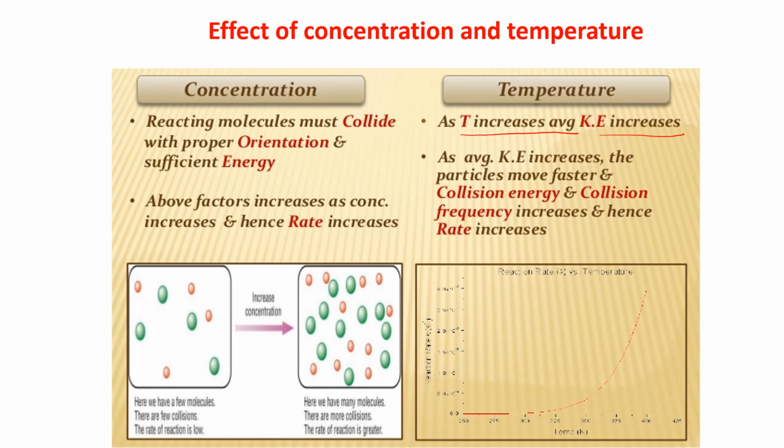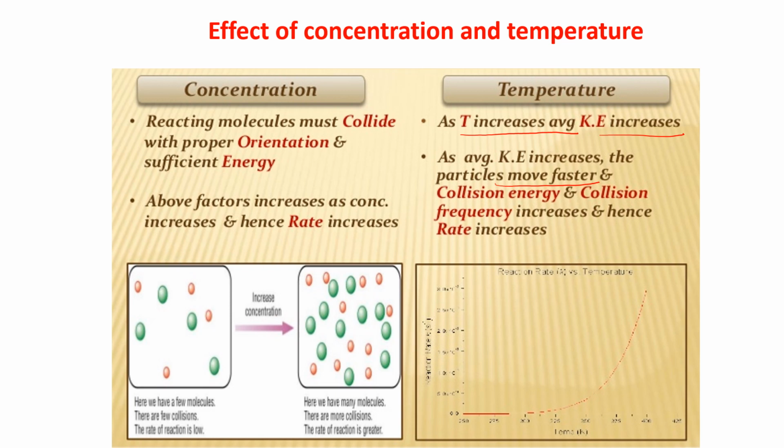If the kinetic energy increases, the particles move faster, and the collision energy and the collision frequency will also increase, and hence the rate increases. So concentration should be there, and along with that, if you increase the temperature, the collisions will be more, and then your product will also be more. The rate of the reaction will also be more.